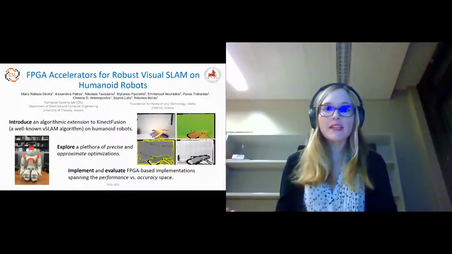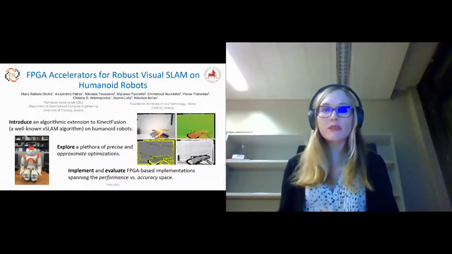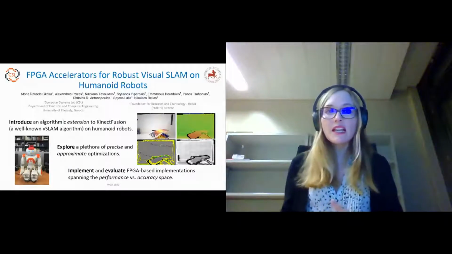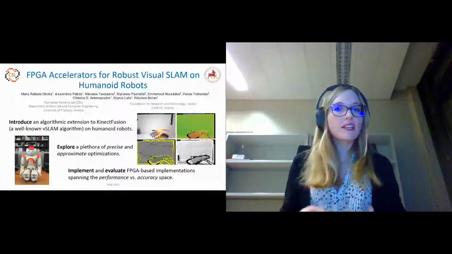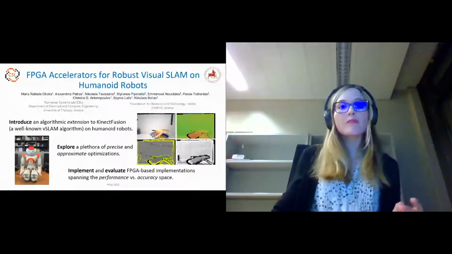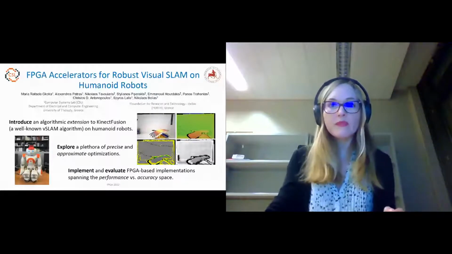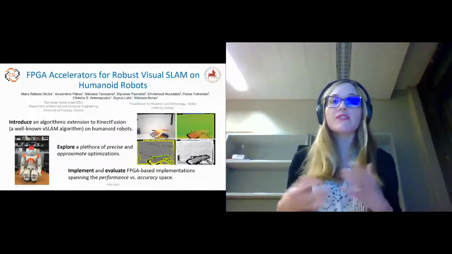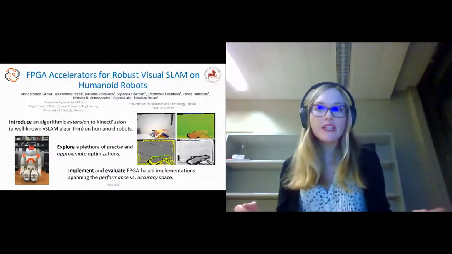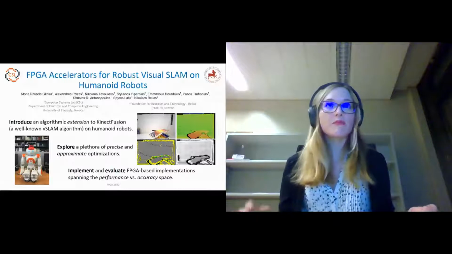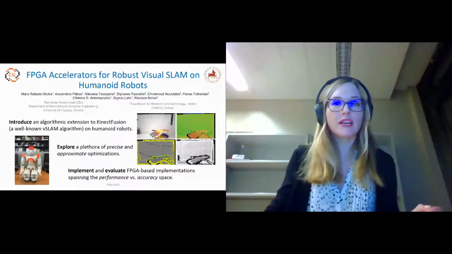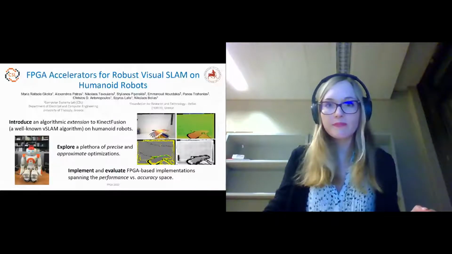So the authors present a graph optimization module, which is based on RGB features, as an extension of the KinectFusion pipeline to help recover the robot's pose. The authors show that different optimizations and parameter tuning can provide a speedup of up to 15 times compared to a classic FPGA implementation.